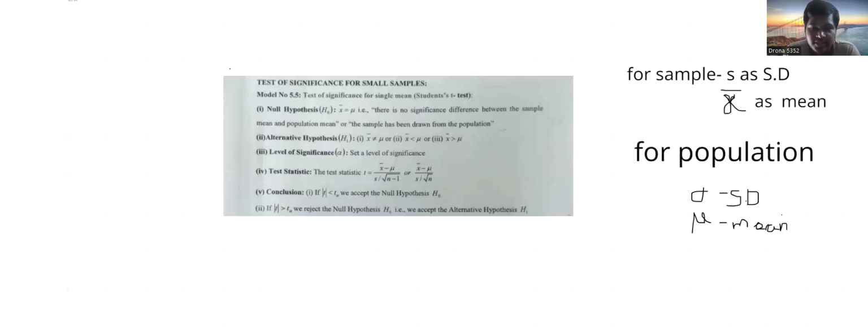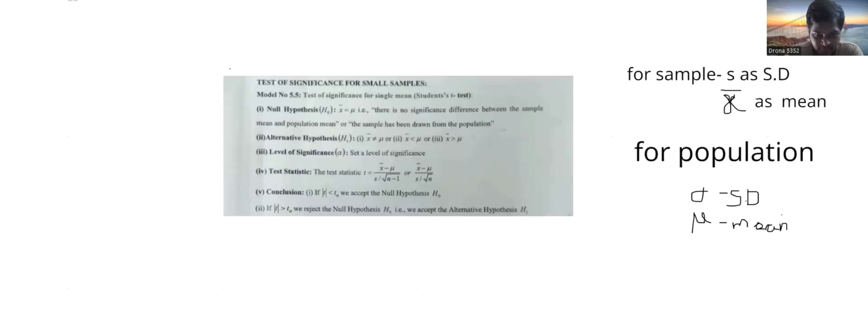The test statistic may give negative values along with positive values, so we follow the modulus. If mod of t calculated is less than t alpha, the tabulated value, we accept the null hypothesis. Otherwise, we reject the null hypothesis.